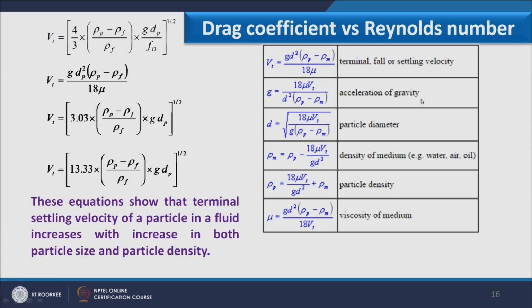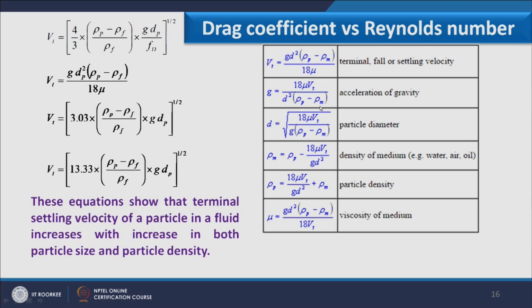For example, if I want to calculate the acceleration of gravity, then we can have g equal to 18 mu Vt by d square into rho p minus rho m, where this rho m we have taken as rho f, that is the density of the fluid, or we also call it the density of the medium.